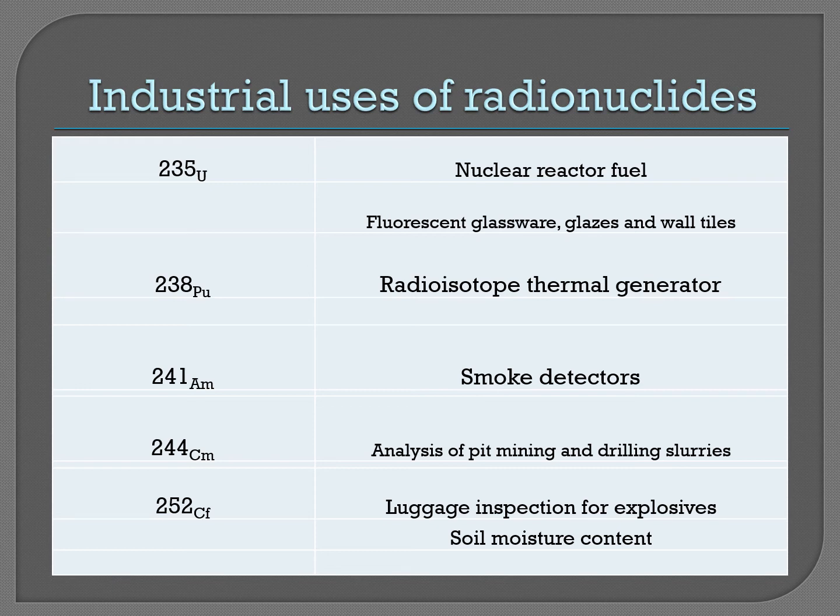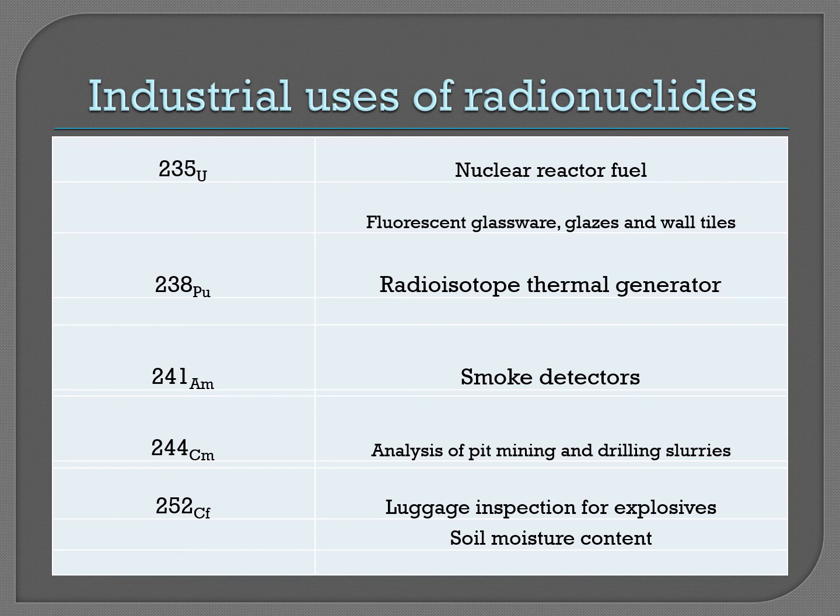We have curium 244, Cm 244 isotope, and this isotope is used for the analysis of pit mining and drilling slurries. Then we have californium 252 isotope, Cf 252, and this is used in luggage inspection for explosives in airports or in different screening sites.